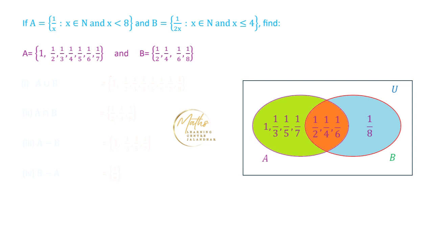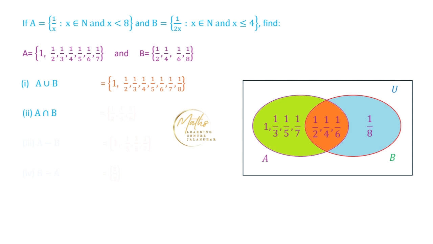Now if we have to write the value of A union B, we are talking about all the elements of A and all the elements of B. So the answer is 1, 1 by 2, 1 by 3, 1 by 4, 1 by 5, 1 by 6, 1 by 7, 1 by 8. All these elements are there in the set A union B.